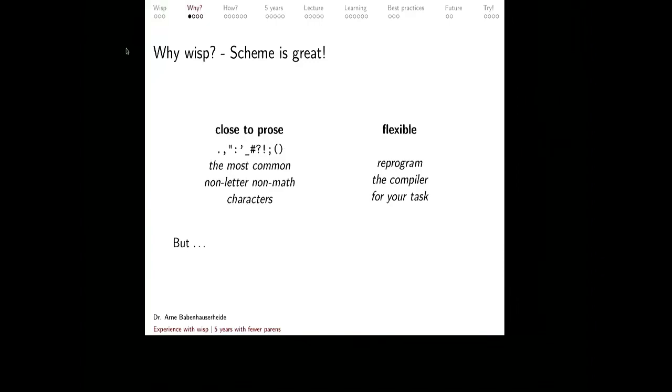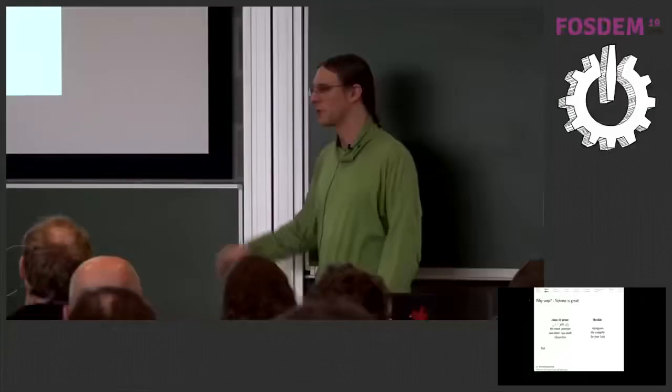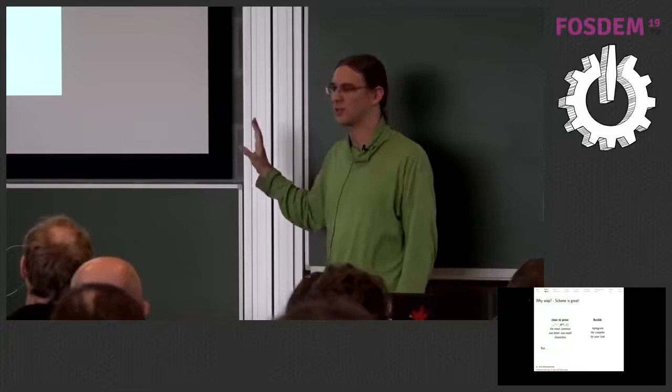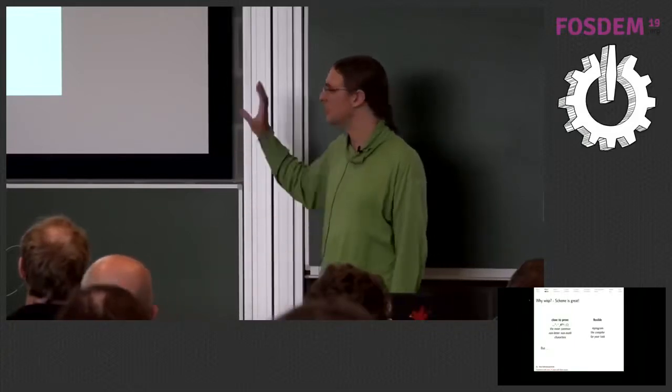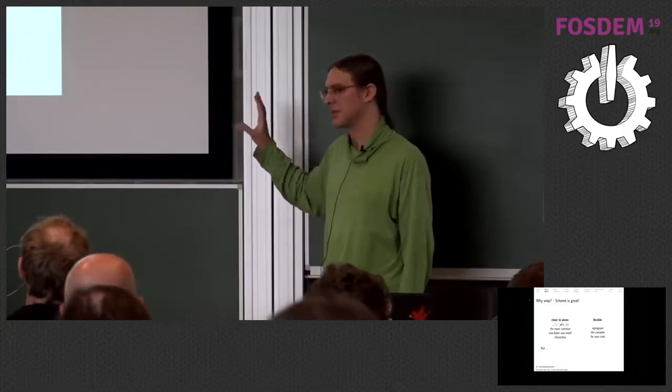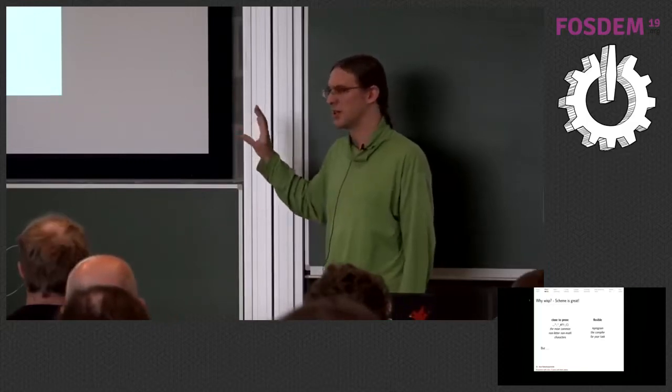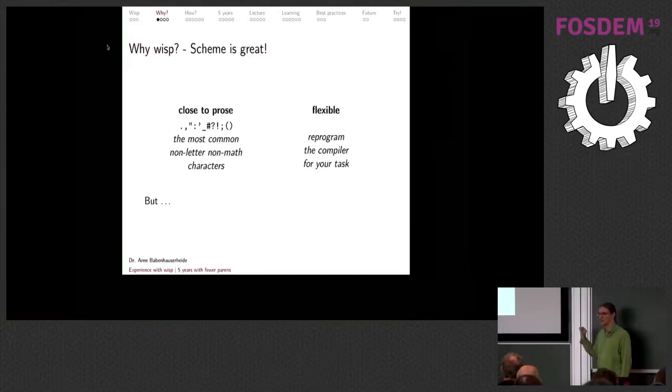Why is Scheme actually great? When you look at the readability of Scheme, while the parentheses make many people think that it's hard to read, when you look at it in detail, you see that all the control structures are just the most common characters you can use if you omit the normal A to Z and you omit the math characters and the numbers. All the rest, when you look at the order, is just the order in how common they are in normal prose.